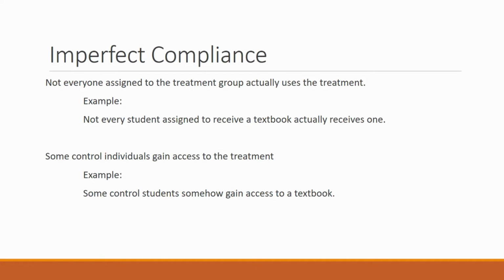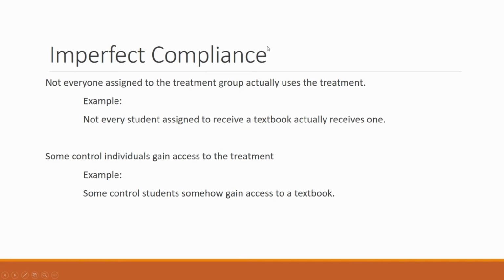But what happens if some of the students that were assigned to receive a textbook don't receive one? And what happens if some of the students that were not assigned to receive a textbook, our control students, somehow did receive a textbook? Somehow they gained access to a textbook. This would be called imperfect compliance, and this can create a problem for our analysis.